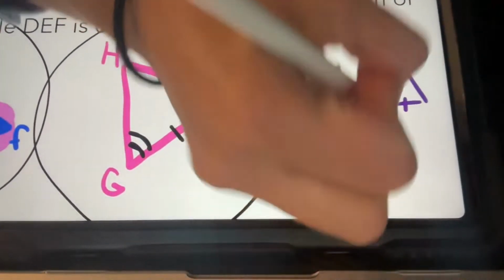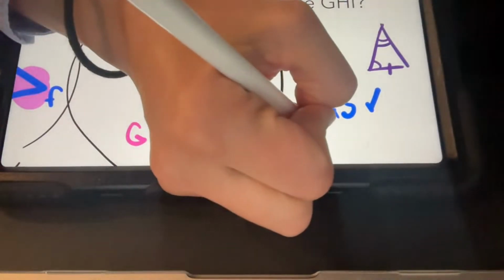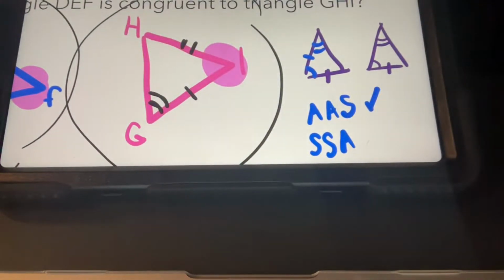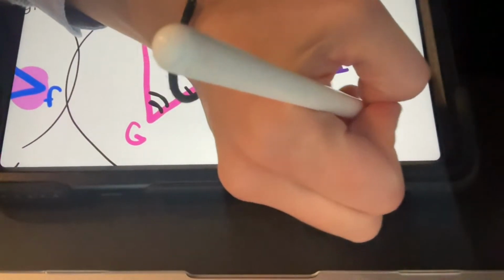And y'all, the way I remember it is actually not a good way, but you know what? I hope it helps you. When I write it out, angle, angle, side works. This one is a postulate. Side, side, angle, where it's not sandwiched, does not work.